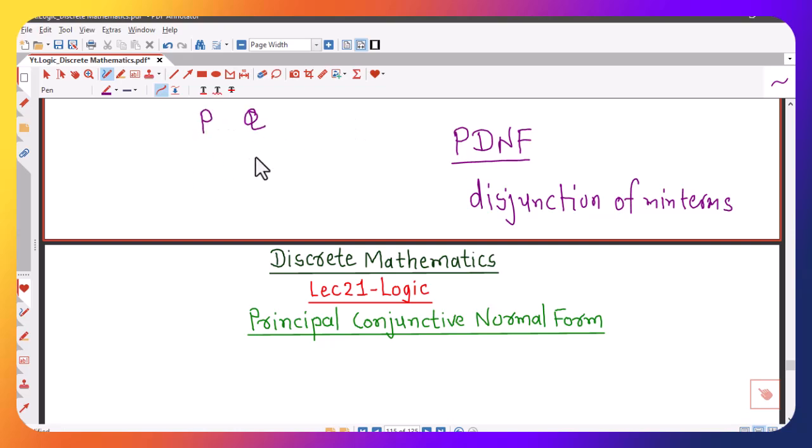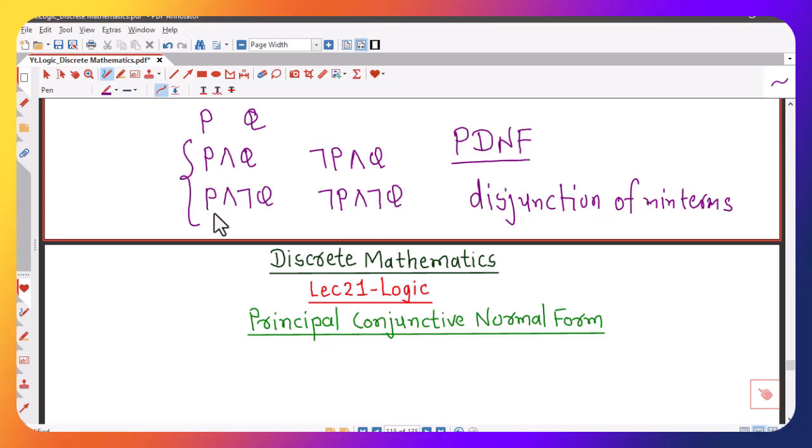We recall that if we have two statement variables p and q, then we consider as min terms a variable with another variable or its negation, that is, p and q, then p and negation q, negation p and q, and negation p and negation q. These are the 4 possible min terms in the case of two statement variables p and q, and we take care that a variable and its negation together is not allowed.